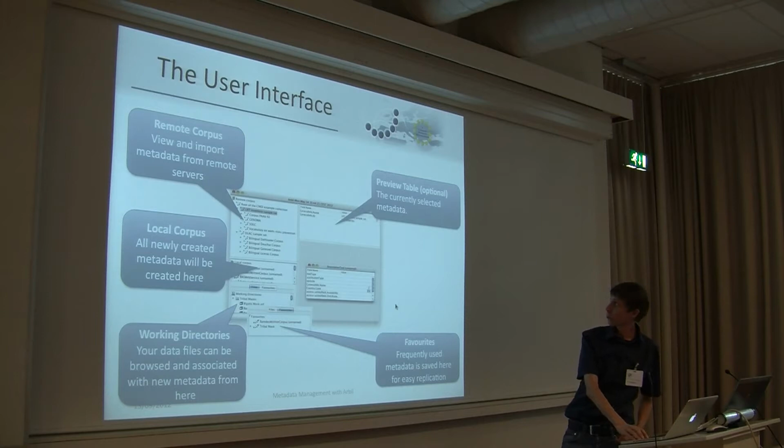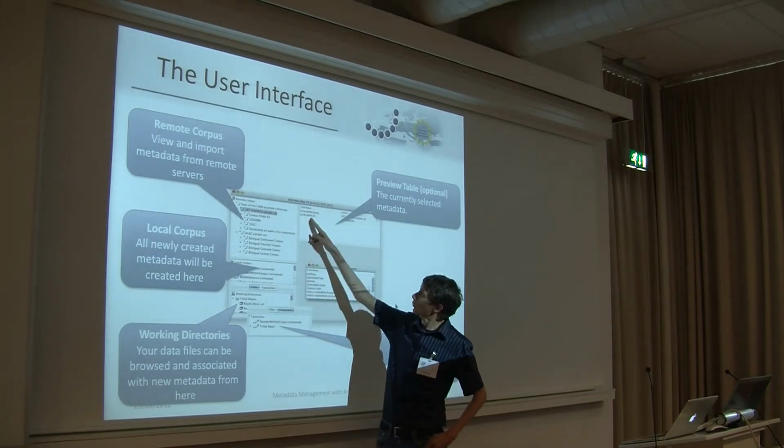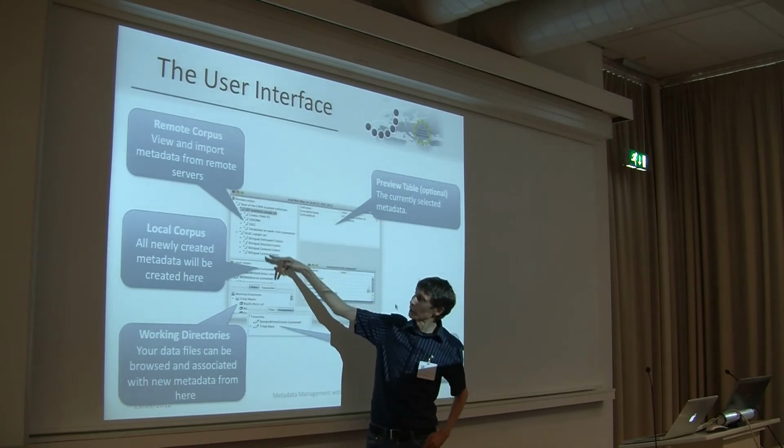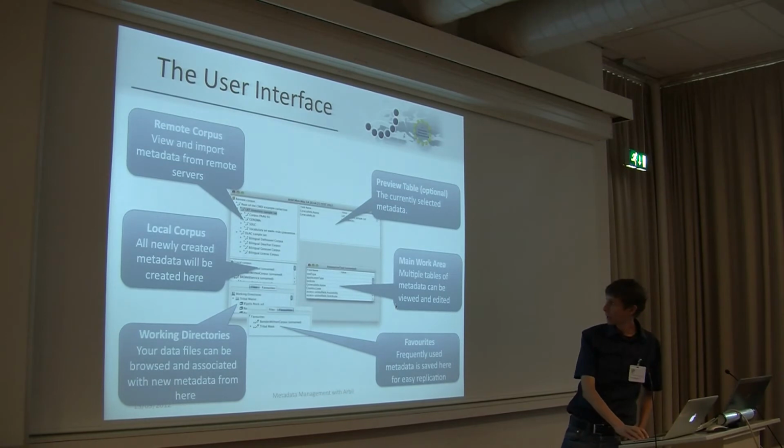This top right-hand corner is a preview. So when you're browsing through this tree, you're actually seeing a detailed view of what each one of these nodes actually are. Then the main work area, and this is where you have multiple tables, sometimes with one or multiple session or metadata files in the one table.